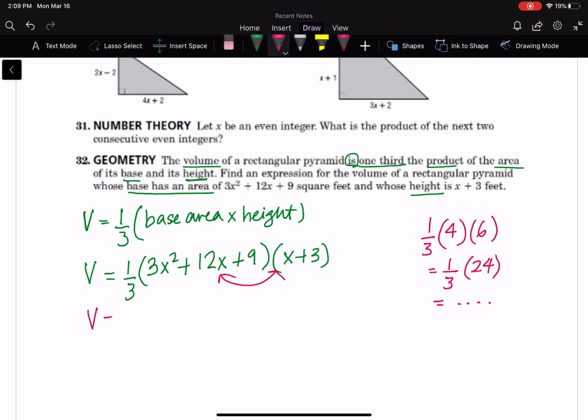So it's going to be 1/3 times, I'm going to first multiply everything by x. So I get 3x cubed plus 12x squared plus 9x. And then I am going to multiply everything by 3.